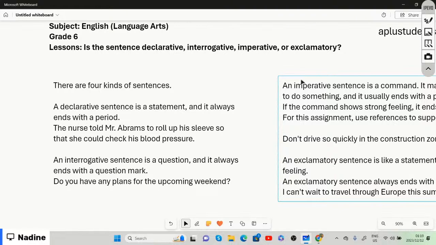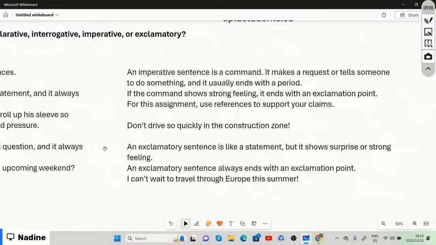And once again, we have an imperative sentence, which is a command, and it makes a request by telling someone to do something, and usually ends with a period.